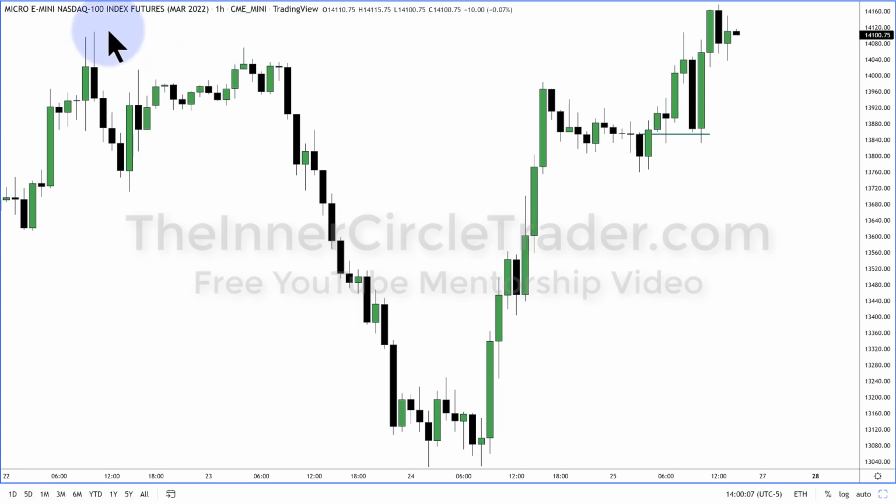Buy stops, or buy side liquidity. So I'm thinking that the algorithm is not letting price go lower. So it's going after everyone that's been profitable going short. Where are their stops? They're over here. We're just going to call it 14,110. Okay, real simple.